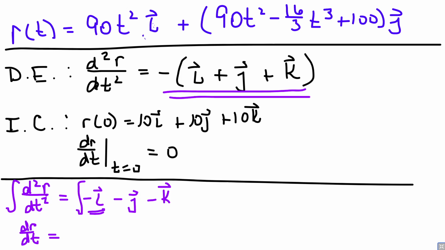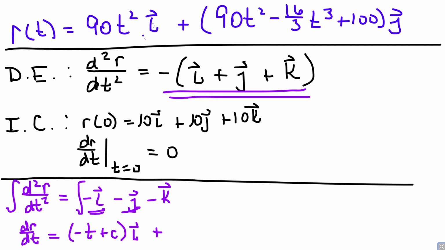Negative t i. We need to do a little bit more than just negative t. Let's see. Yes. So it's going to become negative t plus c in the i direction.